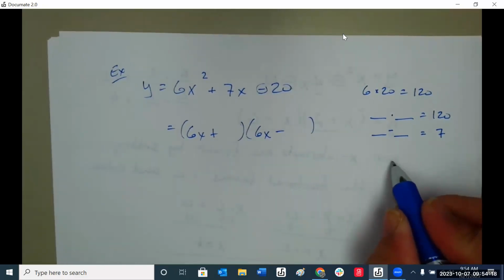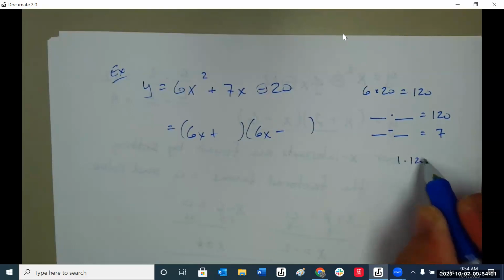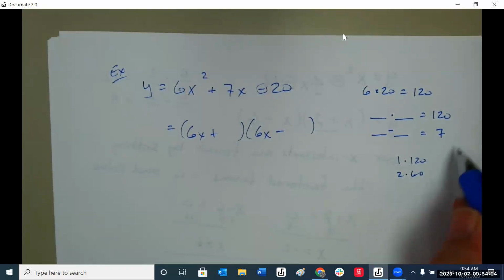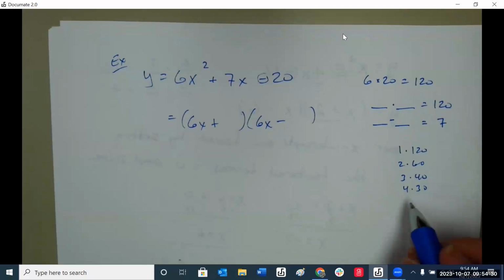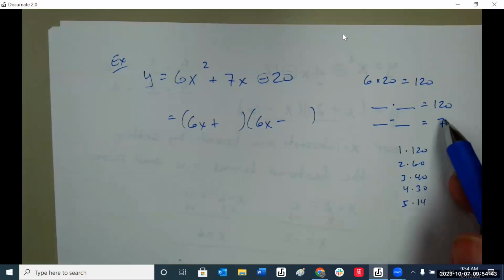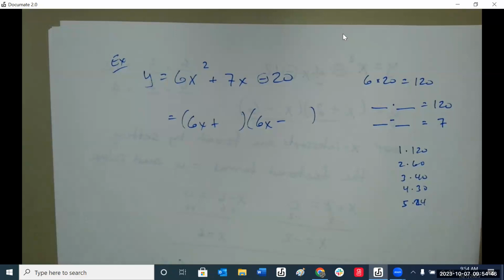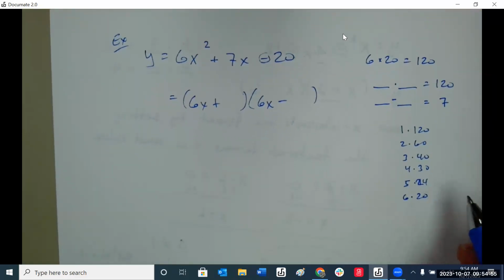So what we gotta do is figure out, let's look at all the numbers. We have 1 times 120, 2 times 60, all of these equal 120. 3 times 40, 4 times 30, 5 times 24, 6 times 20, 8 times 15.